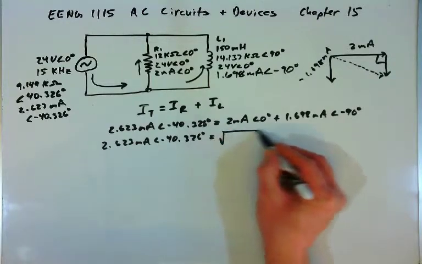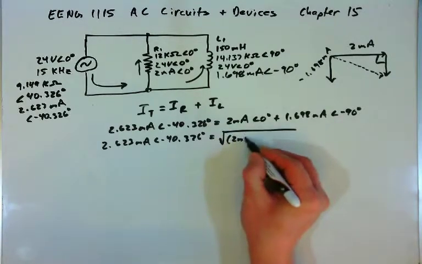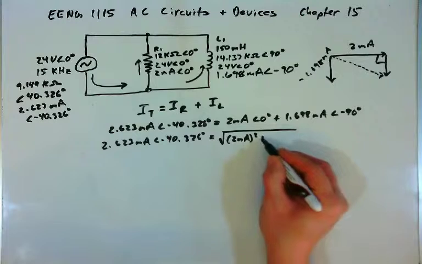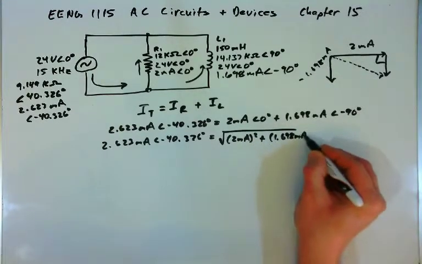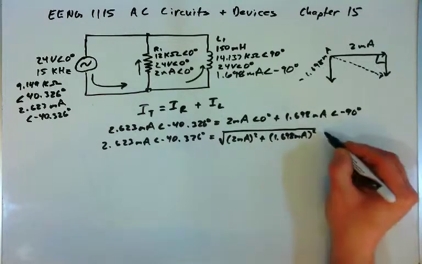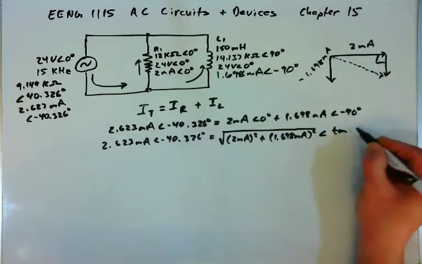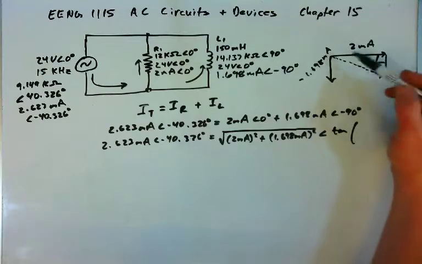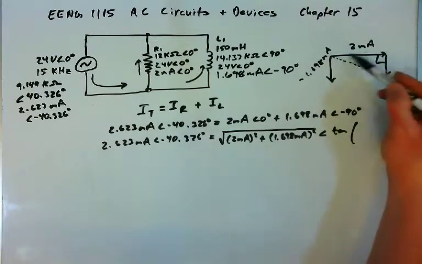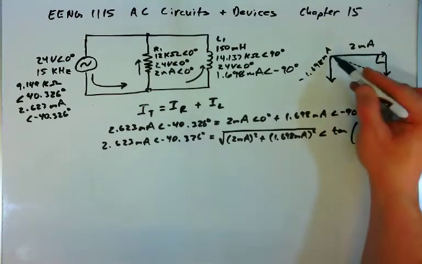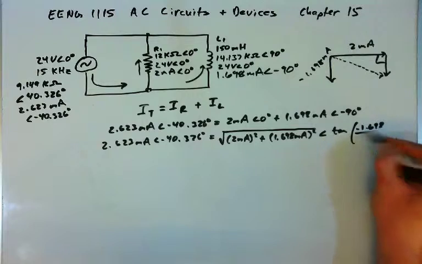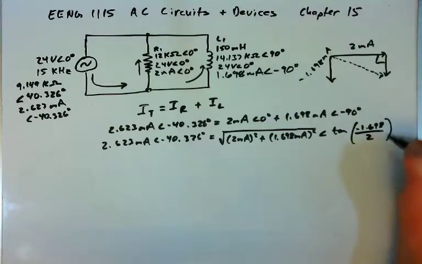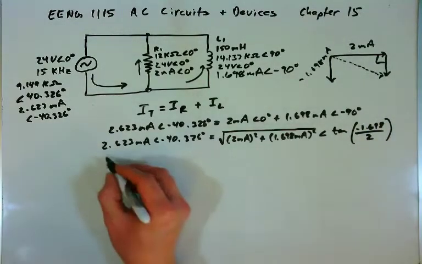We'll apply the Pythagorean theorem. It'll be the square root of 2 milliamps squared plus 1.698 milliamps squared. And the angle will be the inverse tangent, always y over x, so you can see that this is the y component, this is the x component. And again, the y component is negative, so it'll be negative 1.698 milliamps divided by 2 milliamps. The milliamps will cancel.